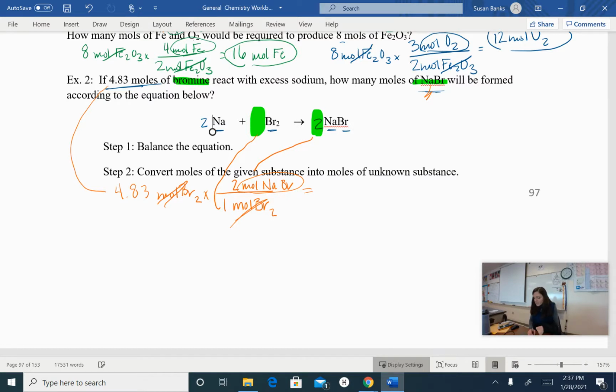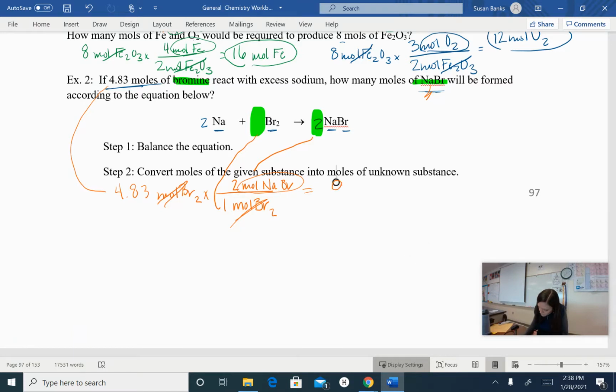So mathematically, everything on the top is going to be multiplied. So 4.83 times 2, and then we're going to divide by 1. But everything divided by 1 is just the same thing, right? So 4.83 times 2. Let's grab our calculator. I think this will be 9.66, but I just want to make sure. 4.83 times 2, yep, 9.66.